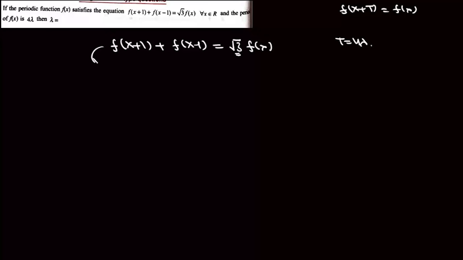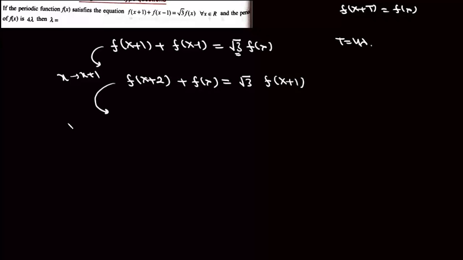Now in this equation, we'll replace x with x+1. So we'll write f(x+2) plus f(x) will be root 3 f(x+1). And again, we'll replace x with x+1. So we'll get f(x+3) plus f(x+1) will be root 3 f(x+2).